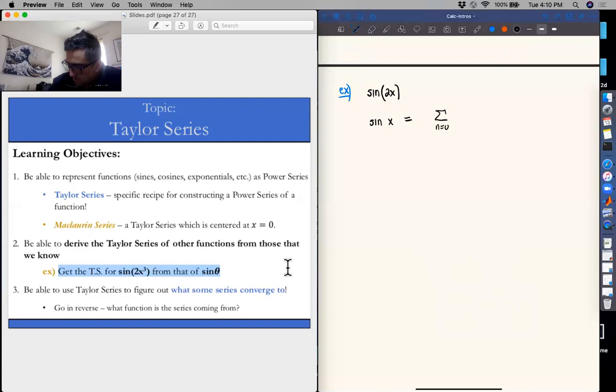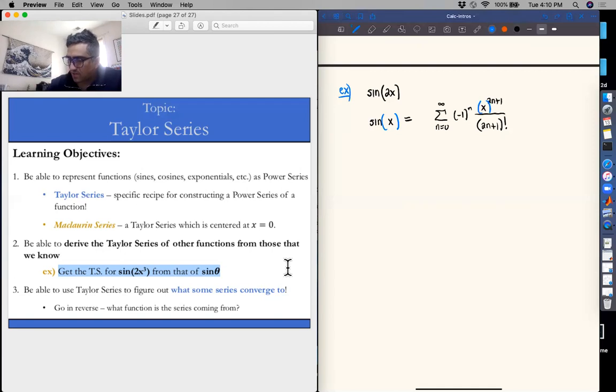from n equals 0 to infinity of minus 1 to the n of x to the 2n plus 1 all over 2n plus 1 factorial. Sine is, again, all of those odd terms. And what we really think about doing to make this our stencil is, everywhere there's an x, we surround that in our parentheses.